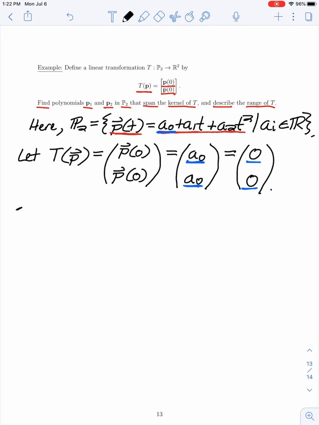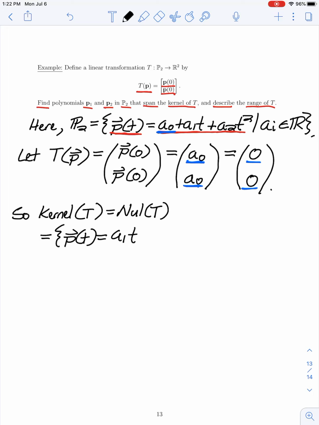So here, the kernel of this transformation T, or the null space of T, would be the set of polynomials of the form p of t equals a1 t plus a2 times t squared, such that the coefficients a1 and a2 are real numbers.